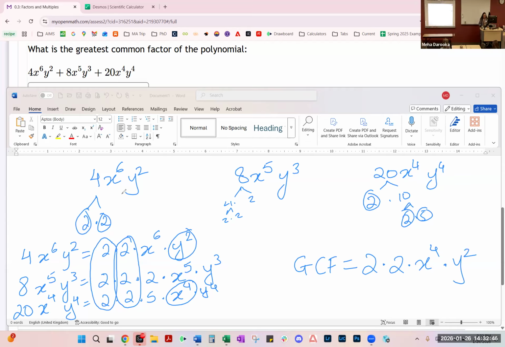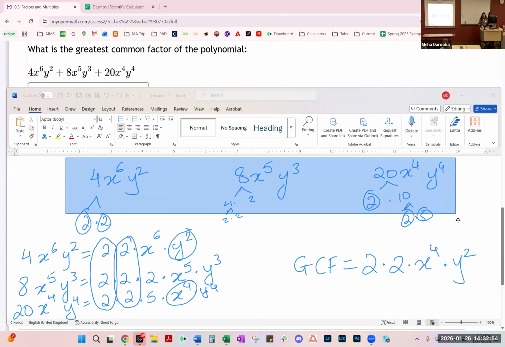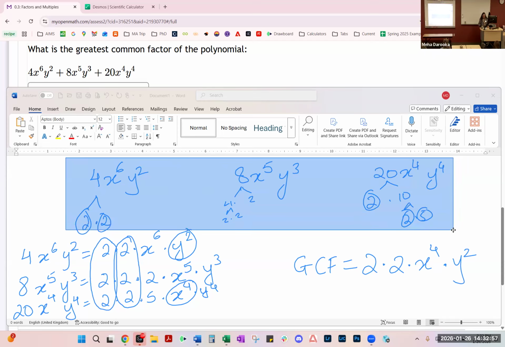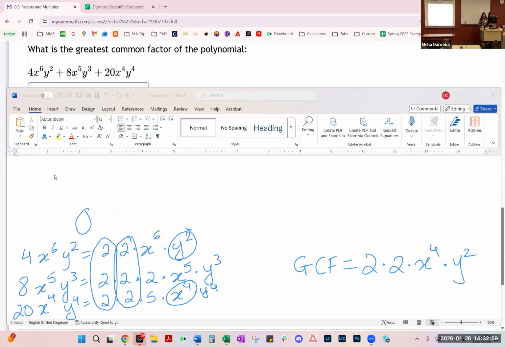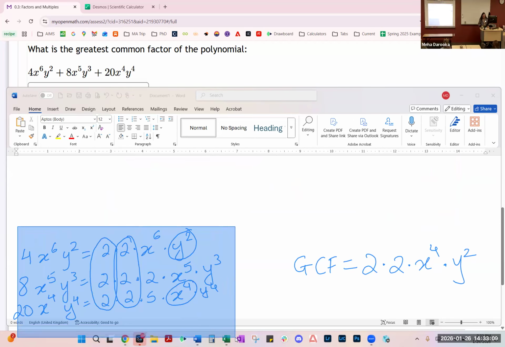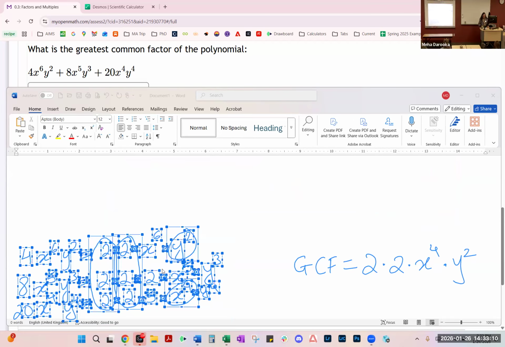Now, I can also show this to you in a different way. Let me actually create some space here. The other way you can look at this is if we take all of these numbers.